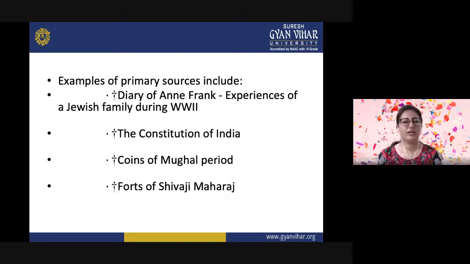So, for example, we can say the diary of Anne Frank, a young girl who was in hiding from the German dictator Hitler. She wrote the experiences of a Jewish family during World War II. So what happened with them? It is a primary source.